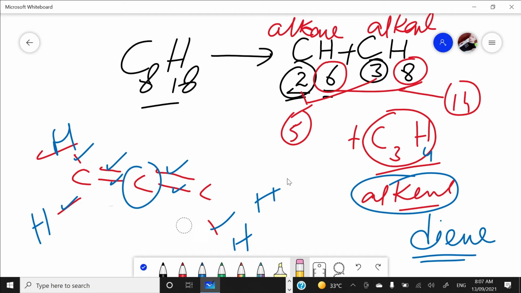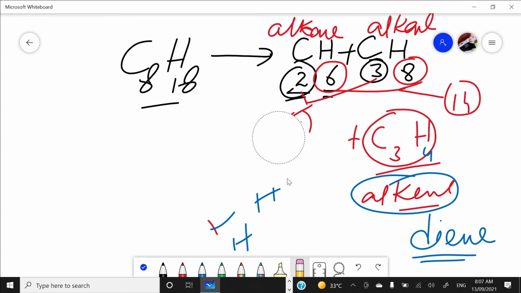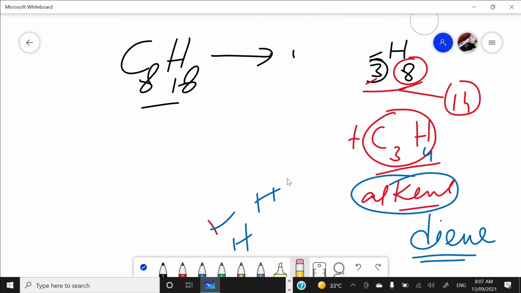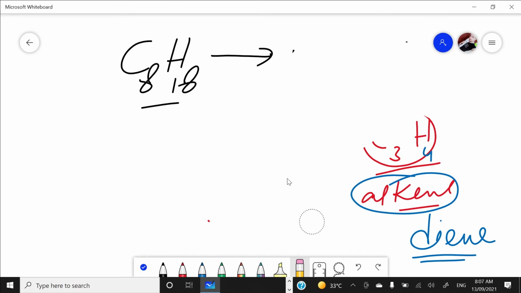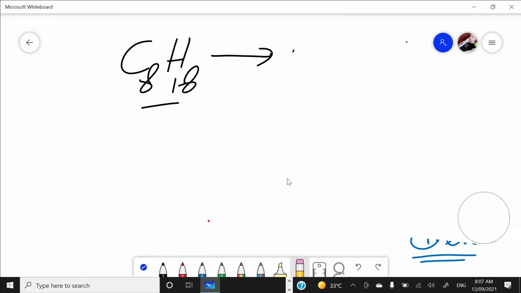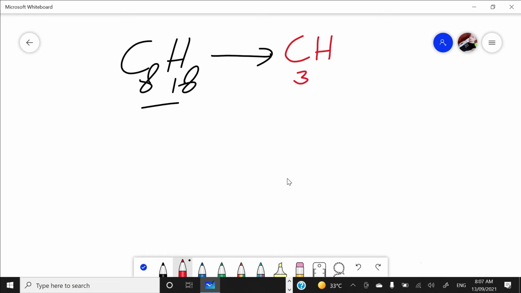If you're not going for this, we'll take another example. The same carbons I'm taking, I'll make 2 alkane molecules and 1 alkene molecule. Let's take it in this way. C3H8 or C2, let us make C2.